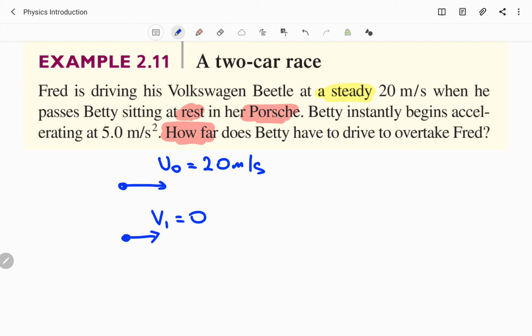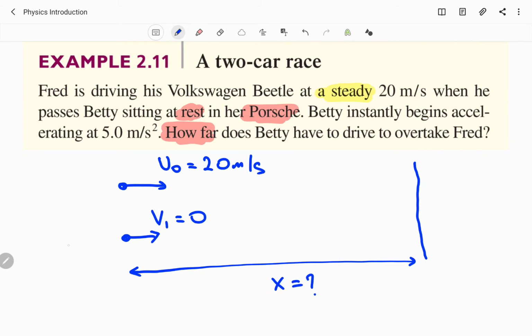So after how many meters will she catch Fred? So let's say at this point, or at this level, she will overtake, she will catch Fred. So let's say this distance is equal to x. Of course, unknown, we need to find it.